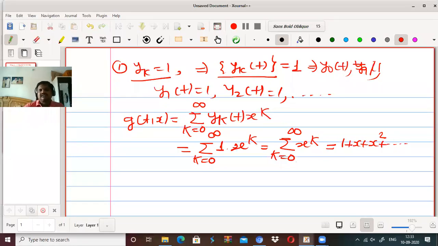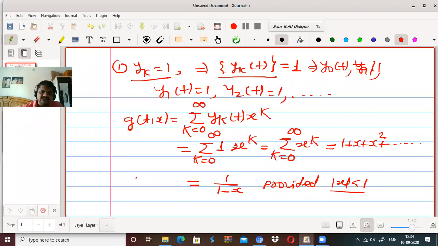This is your series, and what is this series? You know that this is the expansion for 1 upon 1 minus x, provided mod x less than 1. This series 1 plus x plus x square is the series for 1 upon 1 minus x, and this should hold for mod x less than 1.